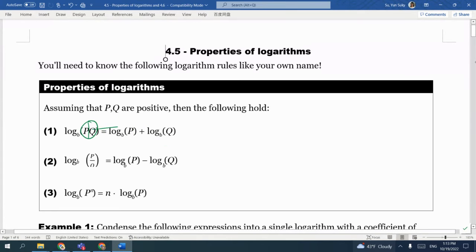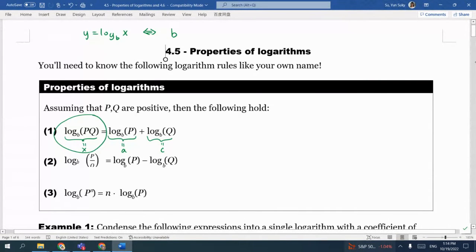So how do we prove that? Let's call this x, this a, and this c. What does that mean? This is the log form, but in exponential form, y equals log base b of x is the same as saying b to the y equals x. b is always the base.